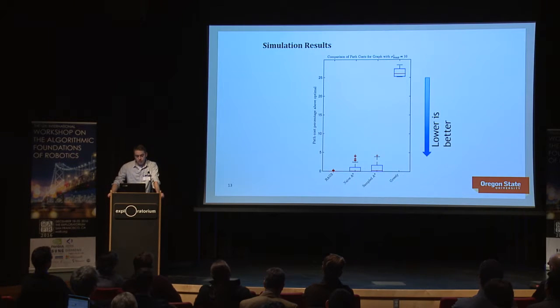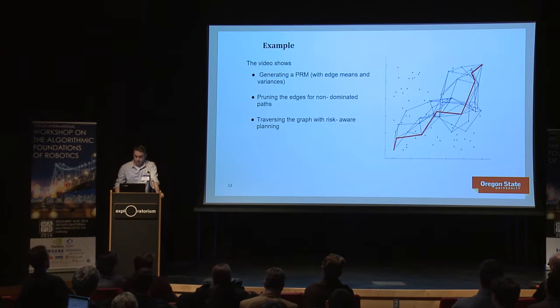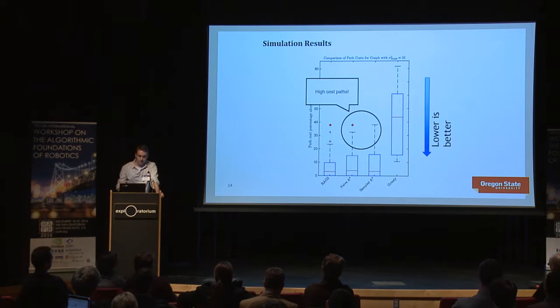And what you see is that with A star and sampled A star and greedy, you're looking at these high cost paths and these outliers. What we're trying to do is bound this and bring it down and reduce the likelihood of getting one of these high cost outliers, right?